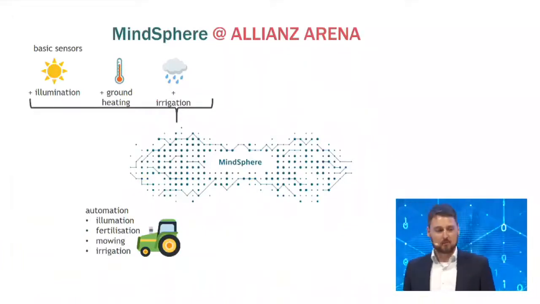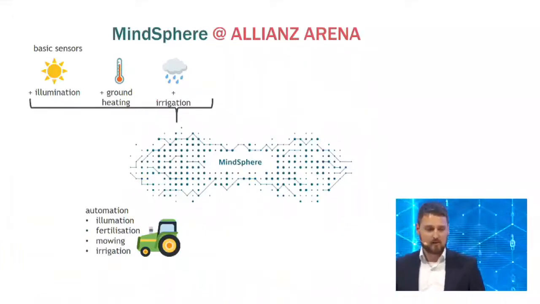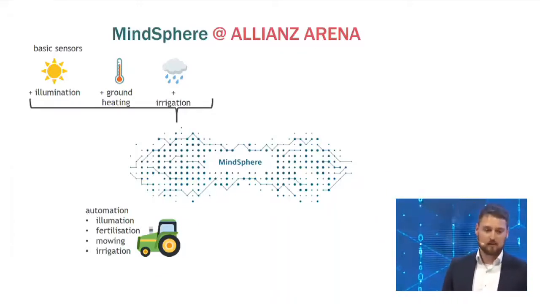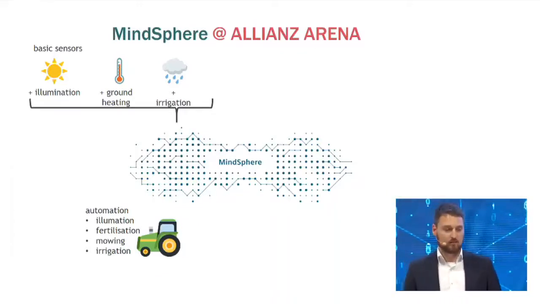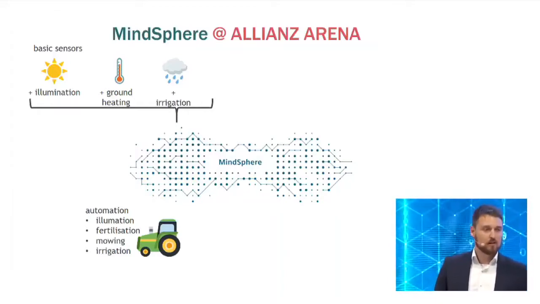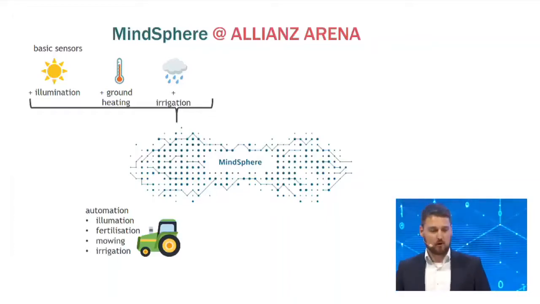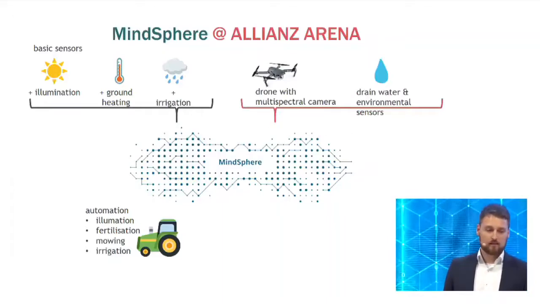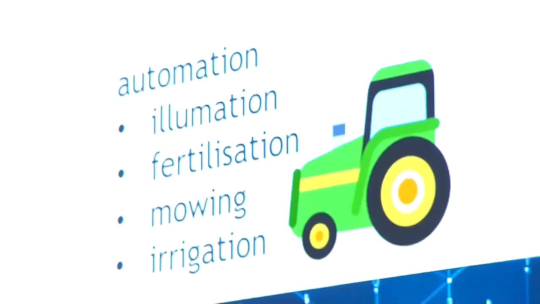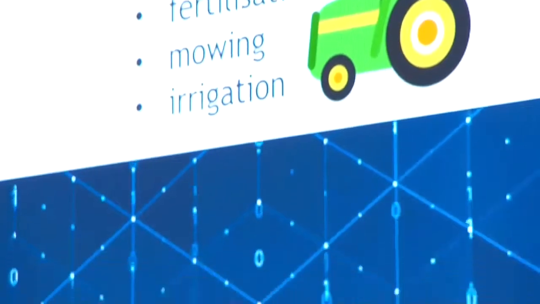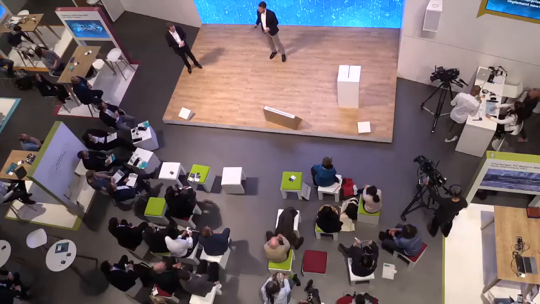So how do we plan to implement that at AllianzArena? As we have heard, there's already a MindSphere in place with a lot of sensors for light, temperature, and humidity. And there's also some kind of automation already in place. So what we add is our drone with the multispectral camera to get the footage that we need for the plant health index, rainwater sensors to better understand the nutrient flow, and environmental sensors to understand the climate in the arena.